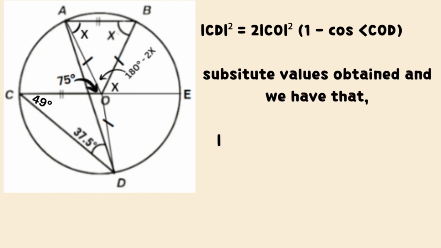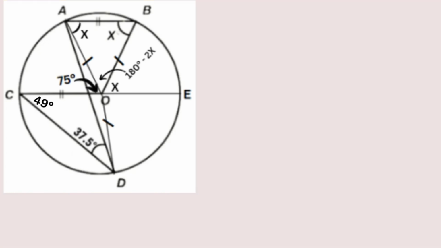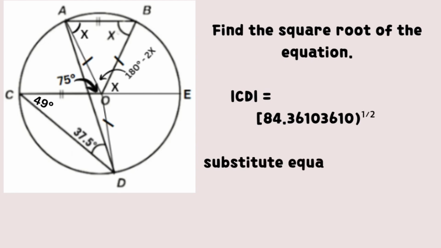the equation for the square of line CD is shown on the screen. Substitute values obtained, simplify, and we have that the square of line CD equals 84.36103610 centimeters square. Find the square root of the equation to give that line CD equals the square root of 84.36103610.